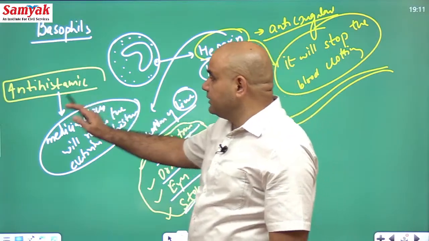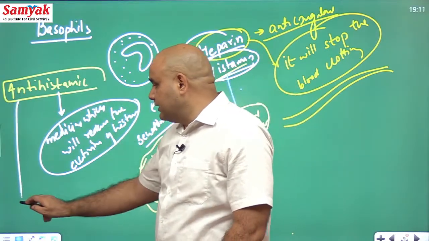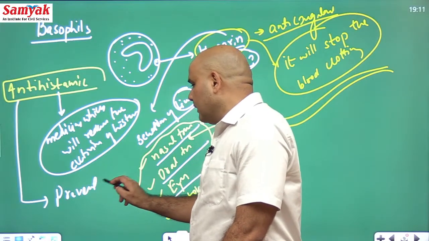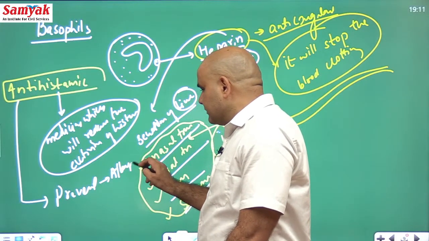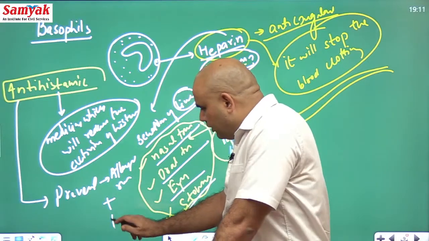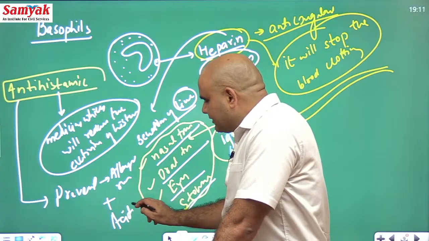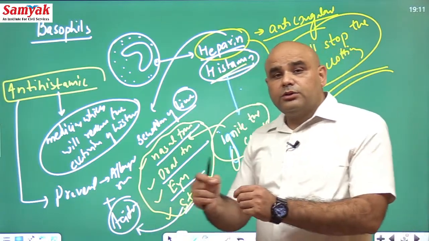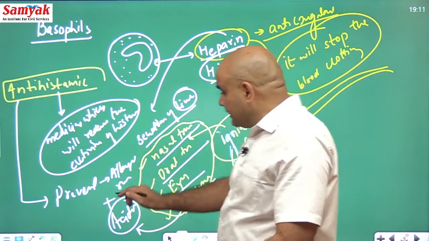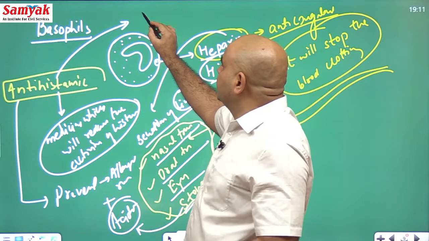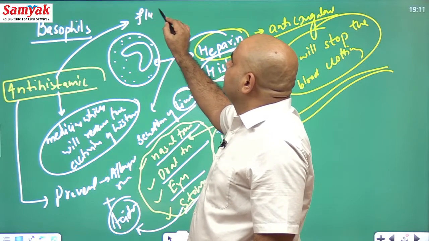These medicines called antihistaminics are used to prevent allergic reactions, plus they are also used to prevent acidity, because the secretions of the stomach cause acidity. Plus these medicines are very popular whenever anyone has flu infections.